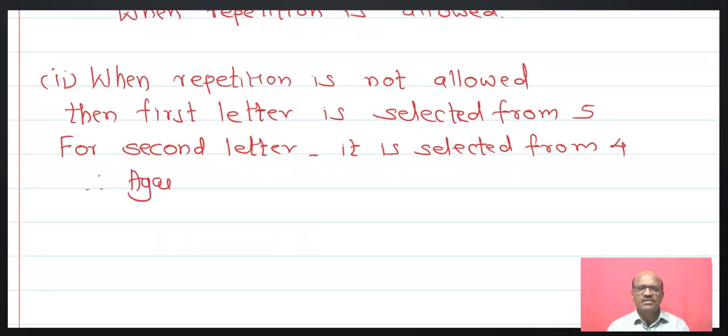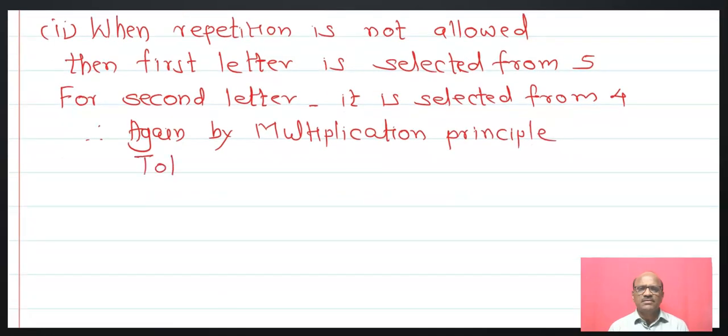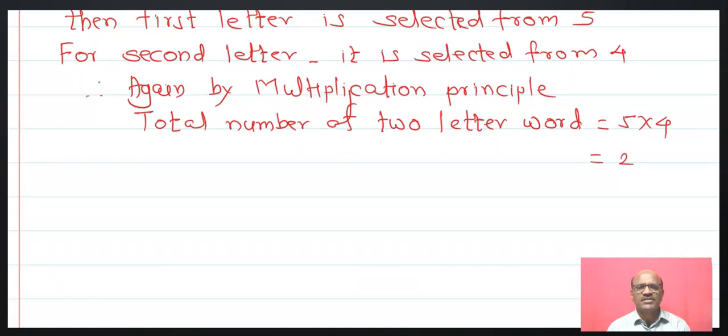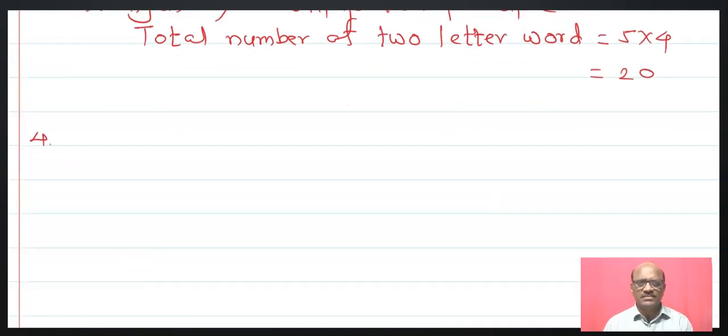Therefore, again by the principle of multiplication, the total number of two-letter words is equal to 5 into 4, that is equal to 20.